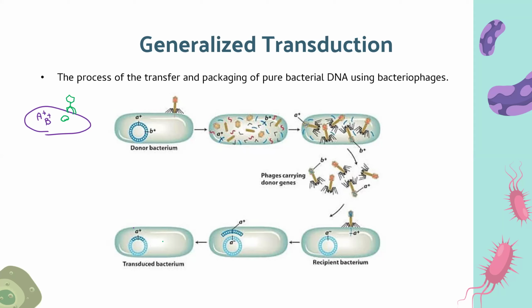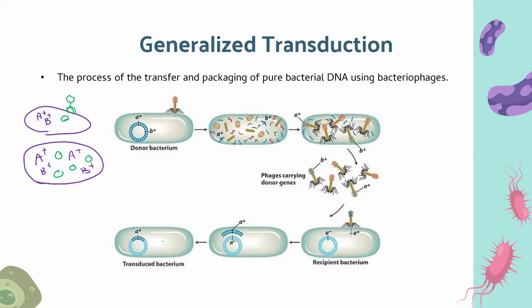At this point, what happens is that the bacterial and viral DNA are both replicating. So I have A positive, B positive, A positive, B positive, and it is not getting mixed up with the viral DNA. So the viral DNA is still all the way around here.